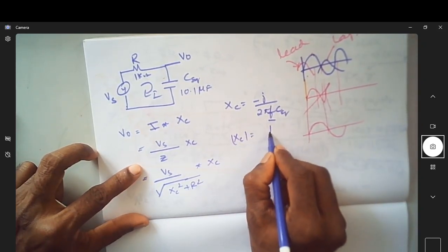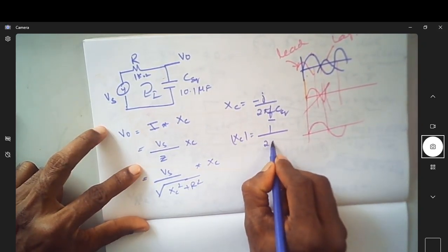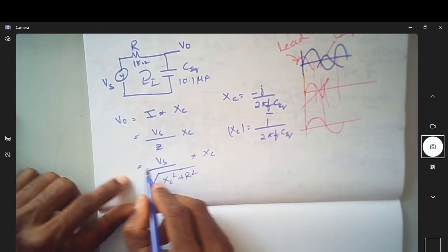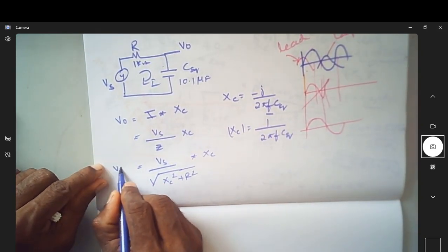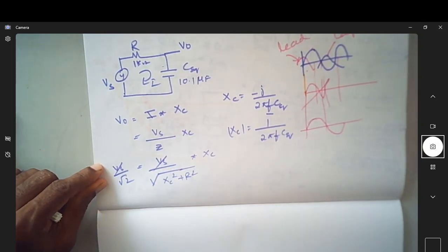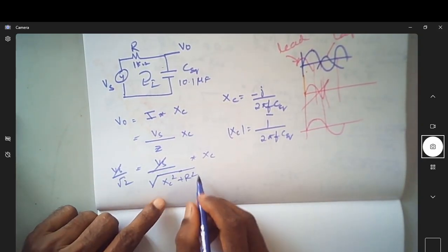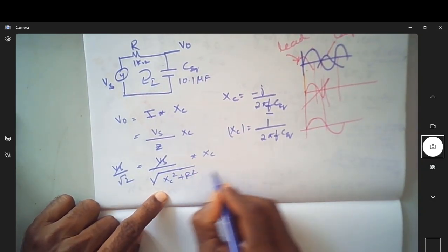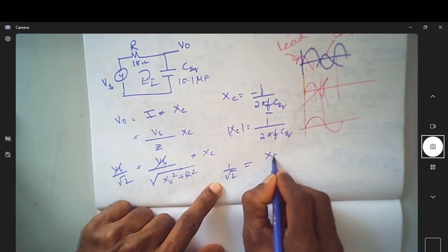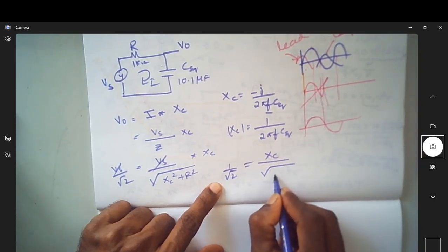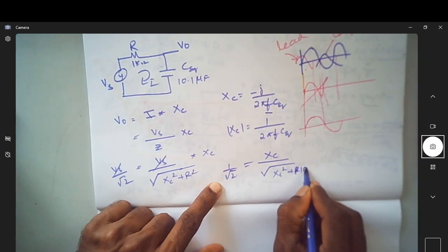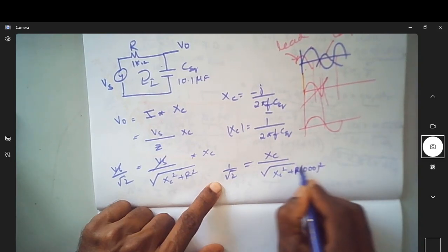Just write it as 1 over 2 pi f into C equivalent. Now we know that this is Vs by root 2, so this Vs will go off. So you have 1 over root 2 is equal to XC divided by under root of XC square plus R square. What is R square? It is 1000 whole square.